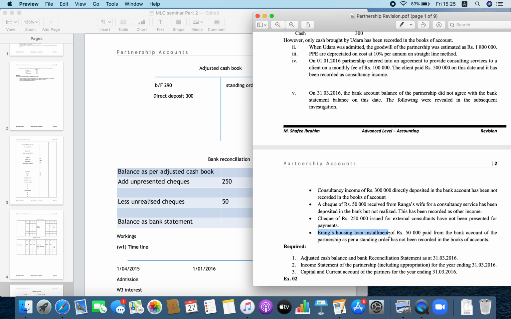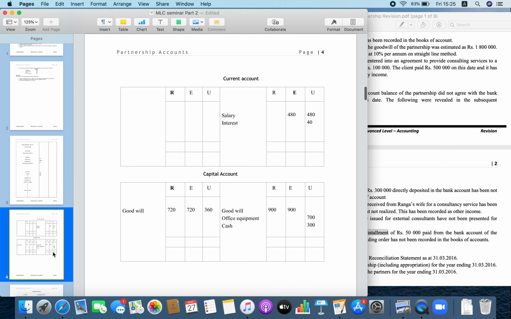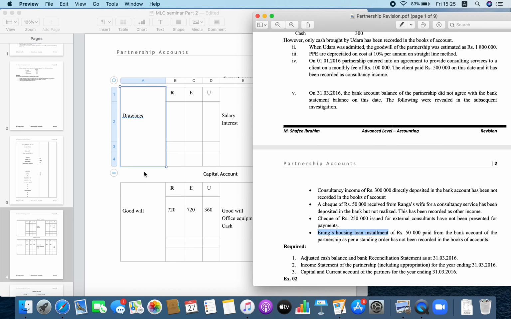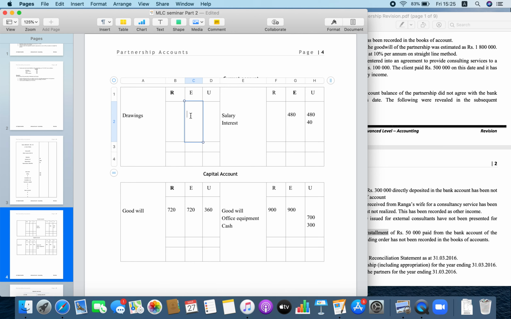So if it's a personal transaction, you name that as drawings. A quick recap, all drawings are debited to the current account. So go to the current account, and on the debit side you mark over here either drawings, or you can even mark it as loan installment, no problem. Which partner has taken it? It's Eranga, so you go and mark over here 50.